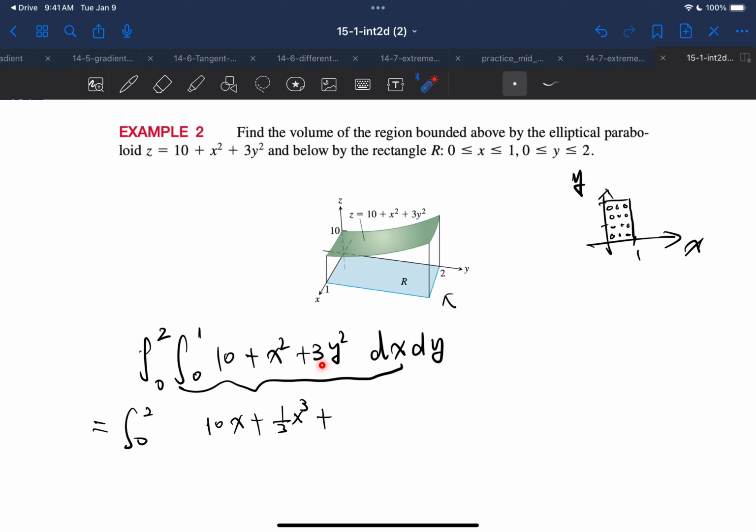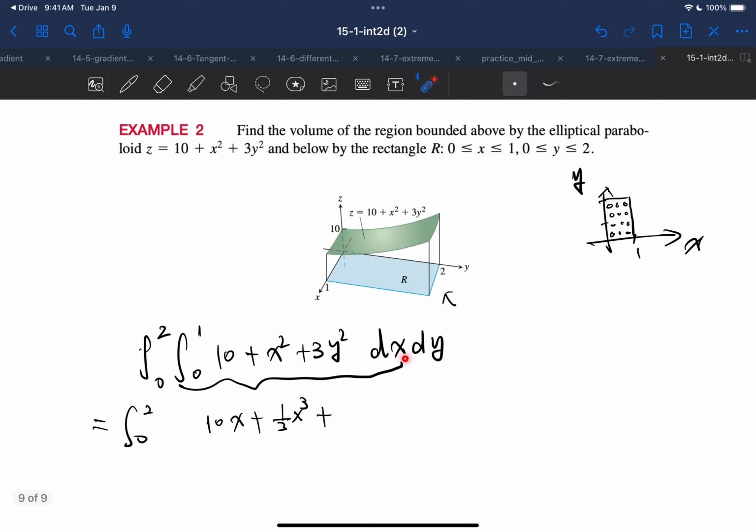So the antiderivative of a constant is the constant itself multiplied by the running variable x.